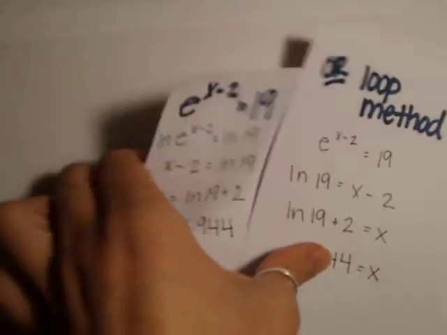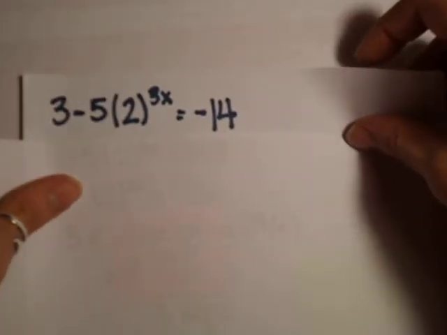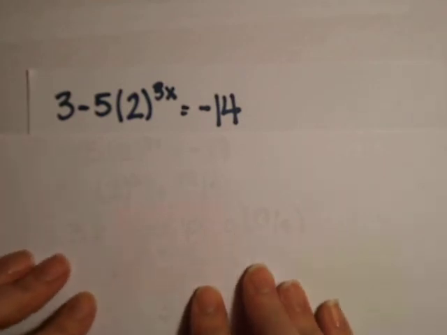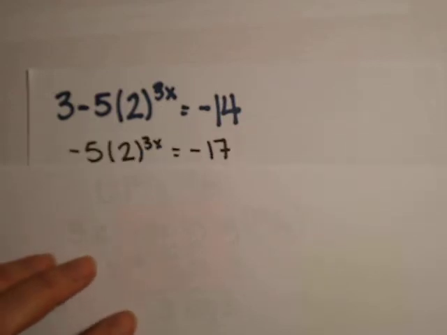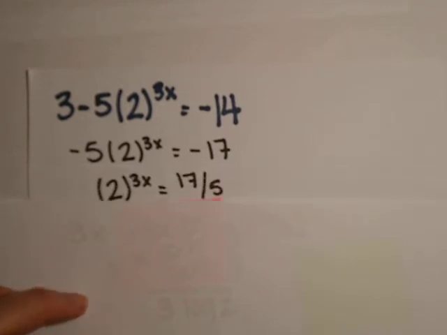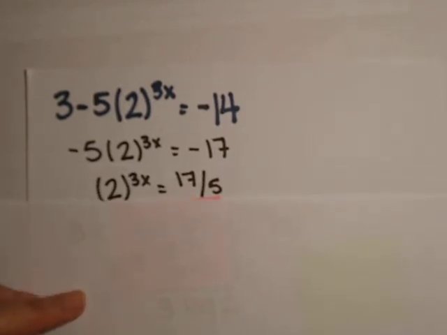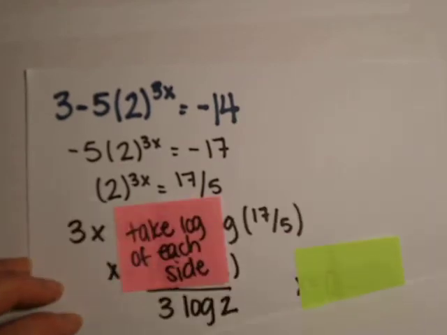Another example is 3 minus 5 times 2 raised to 3x equals 14. We can simplify this expression by subtracting 3 from each side, getting negative 5 times 2 raised to 3x equals negative 17. We can then divide by negative 5, and then we can take the log of each side.